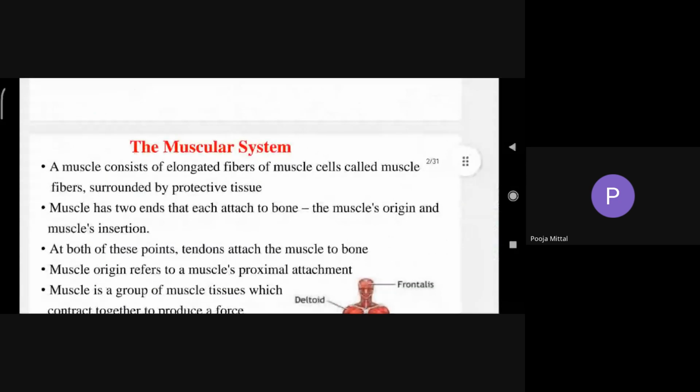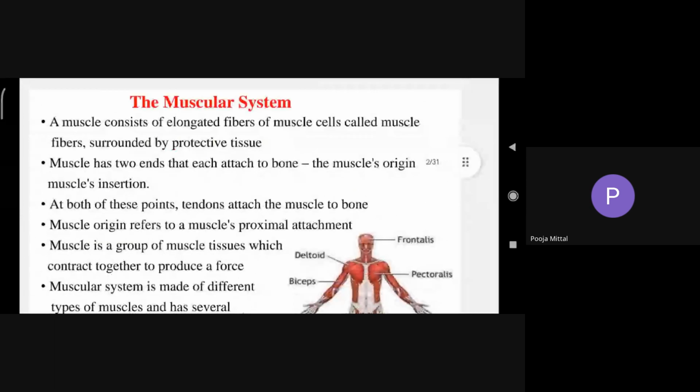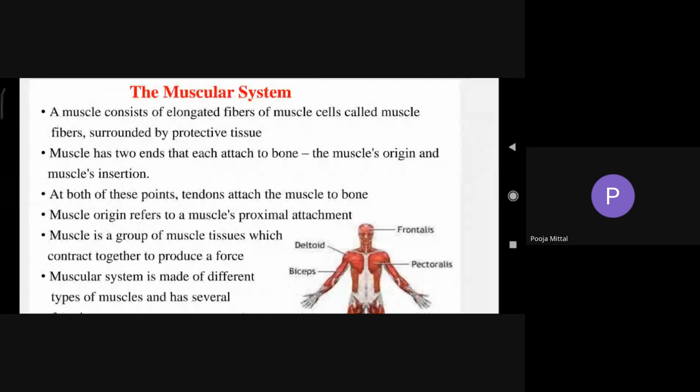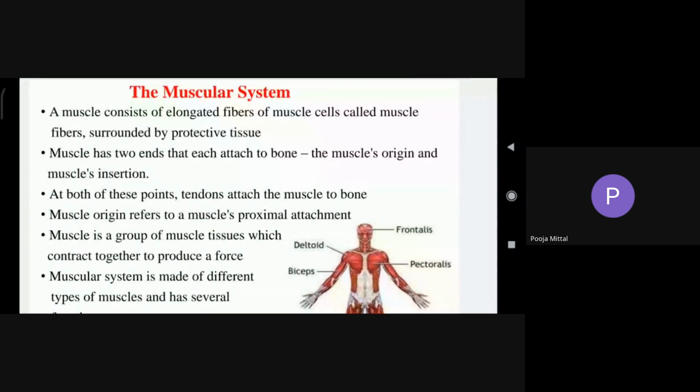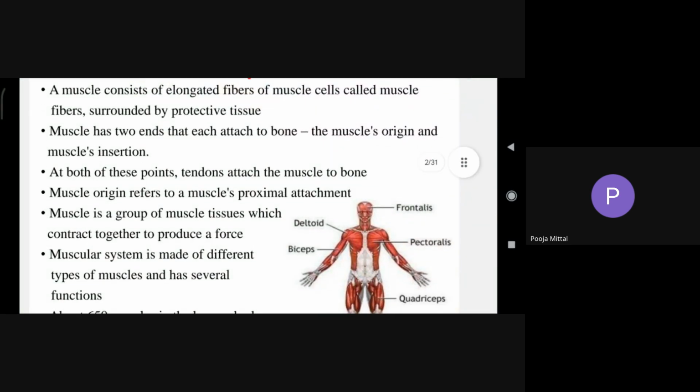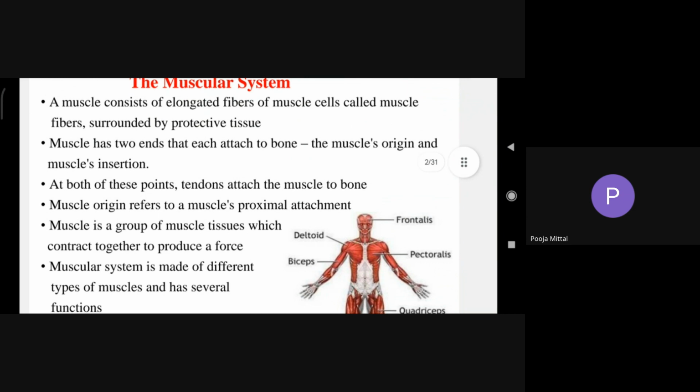Muscular system. Today we will start from the muscular system. A muscle consists of elongated fibers of muscle cells called muscle fibers, surrounded by protective tissue. Okay, means each single muscle cell is known as a muscle fiber.